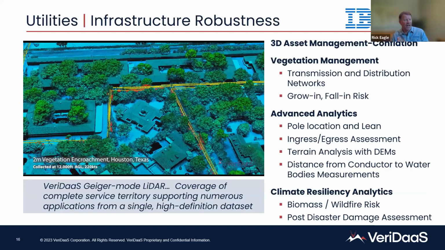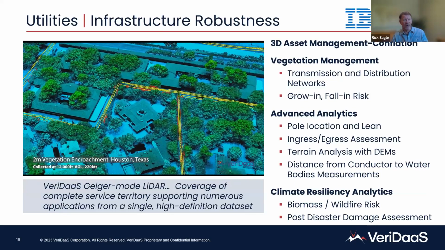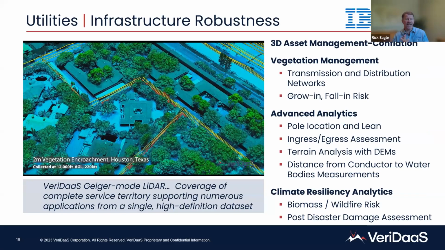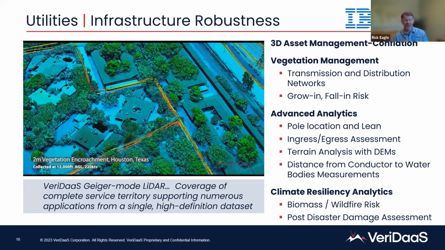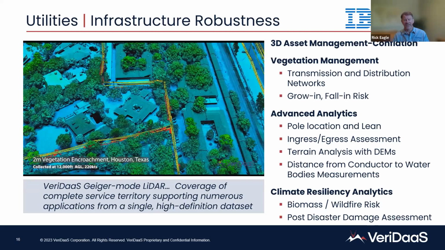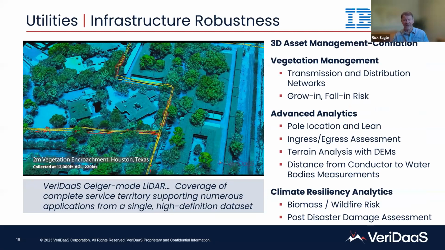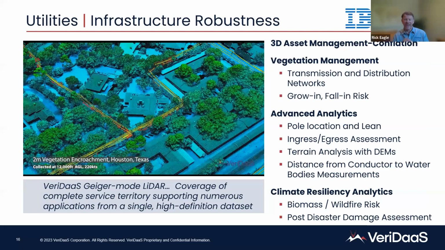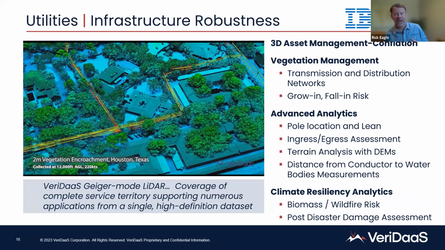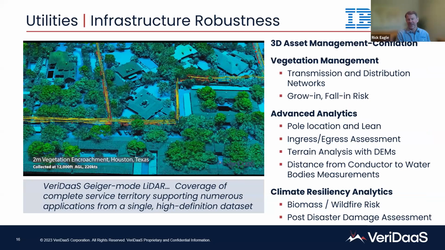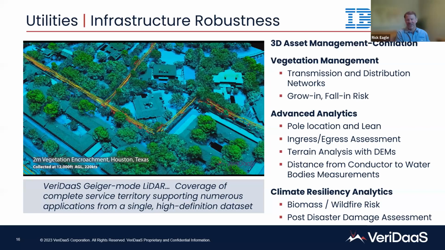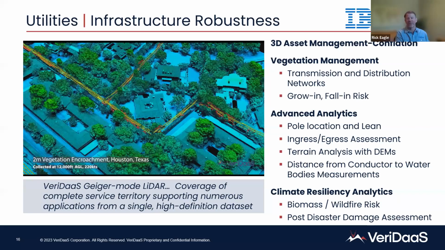To start out, I mentioned utilities is one of our primary customer bases right now, and we use the data for a lot of things for utilities. The top two are conflation and asset management, and vegetation management. Most utilities, when they fly LiDAR, fly corridor collects over the transmission lines, flying very low, whether in a helicopter or a fixed wing aircraft.